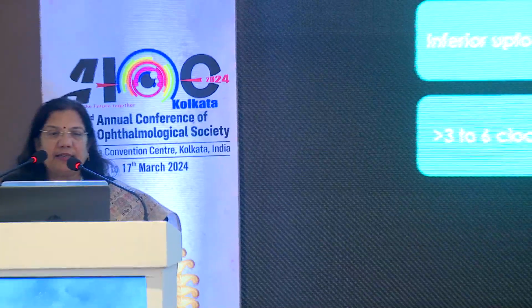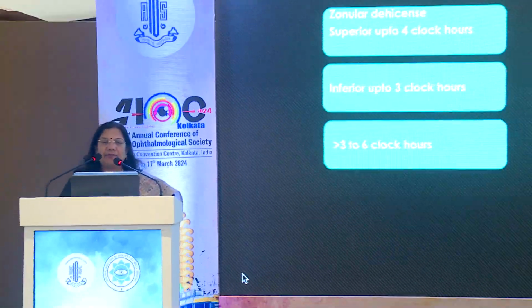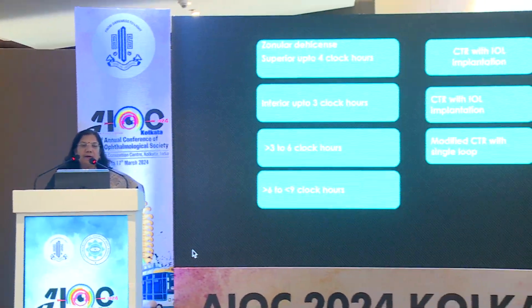Intraoperatively, you also have to be very careful, as there may be a problem and you must know how to manage it. If there is a zonular dehiscence up to 4 clock hours, you will use the CTR with an IOL implantation. Up to 3 clock hours, again CTR with IOL implantation. Greater than 3 to 6 clock hours, a modified CTR with a single loop.